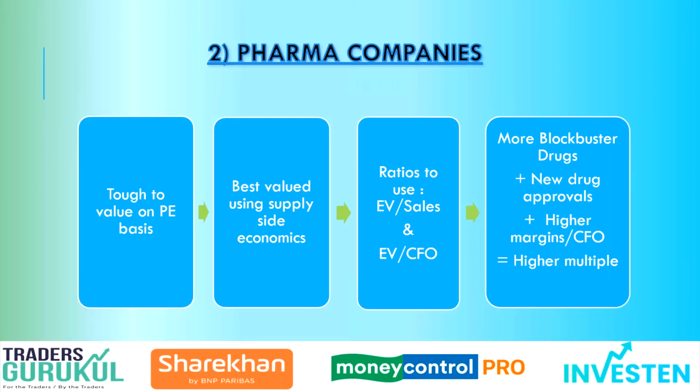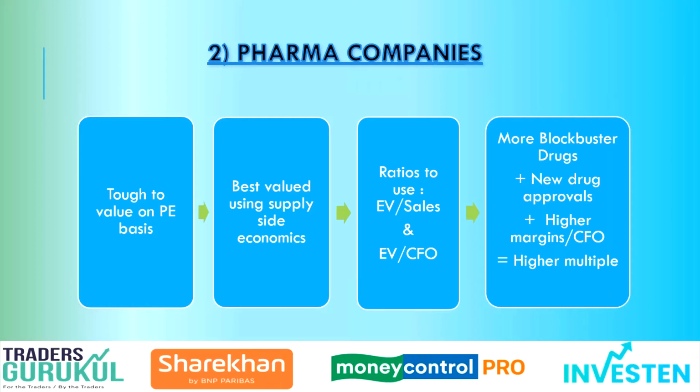On the other hand, larger and diverse pharma companies like Sun Pharma generally trade in an EV sales range of around 3 to 6 or sometimes 3 to 7 also. If we see that the current EV sales is below 4, maybe 2, 3 or 4, then that can be considered a cheap buy. Conversely, if the current EV sales has gone above 6, then it can be considered expensive and one should look to book profits.